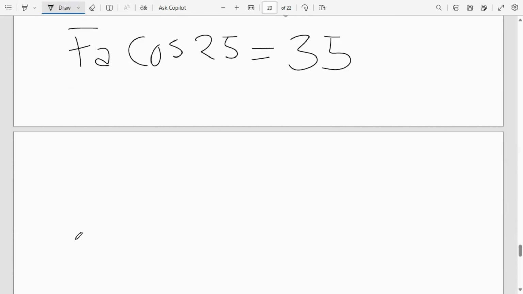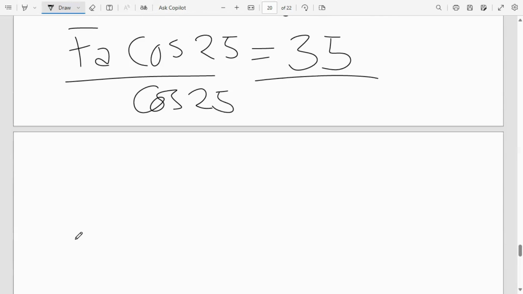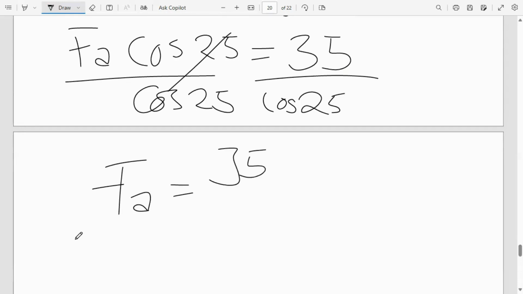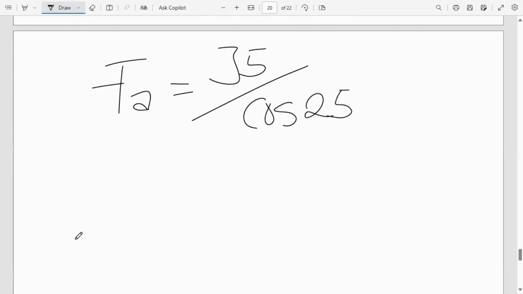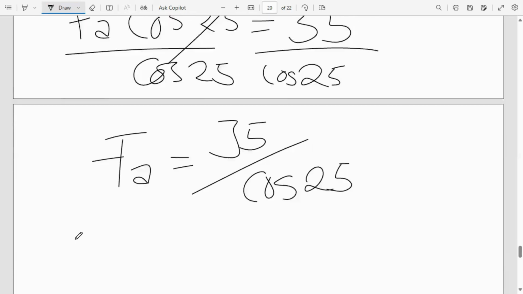Dividing this side by cos 25 degrees, this can cancel out. Our force applied is equal to 35 divided by cos 25, and this is going to give us the applied force.